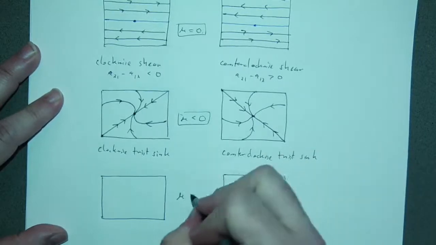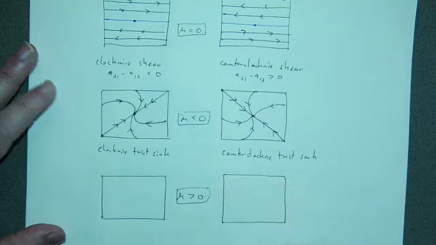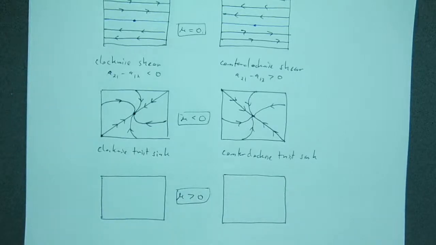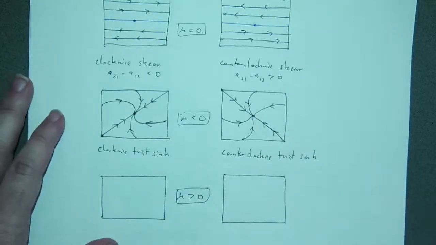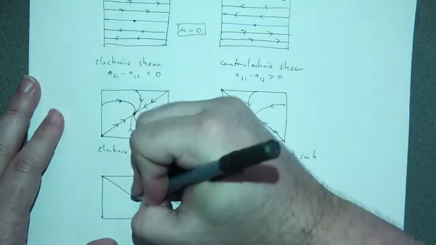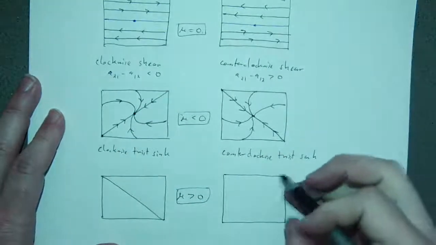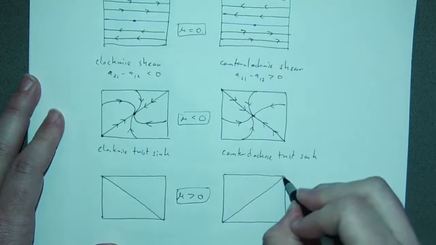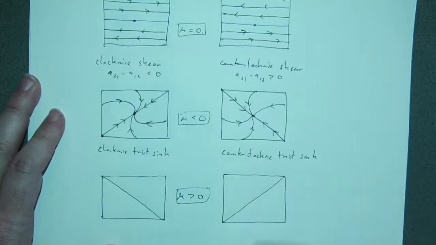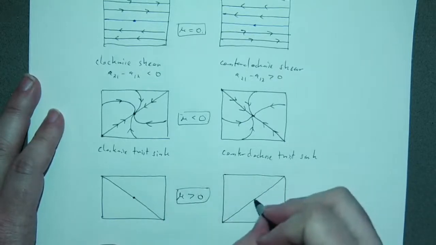So this is the case when mu is greater than 0. What does this look like? Well, again, I have eigensolutions or line solutions that look like this. Except here, so here's the origin in both cases.